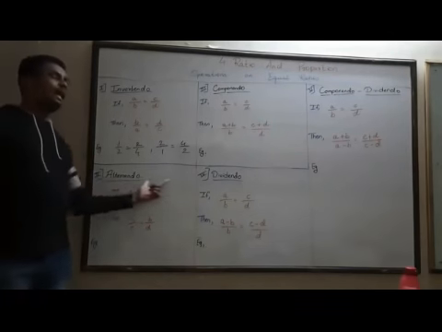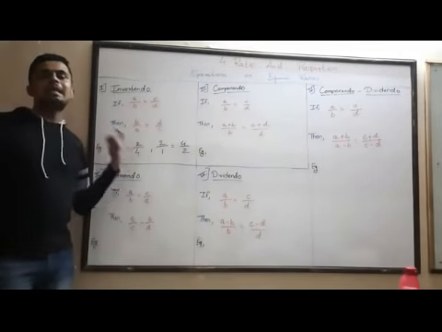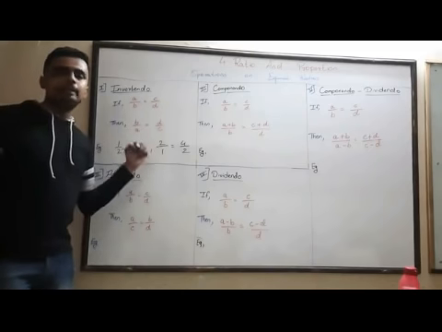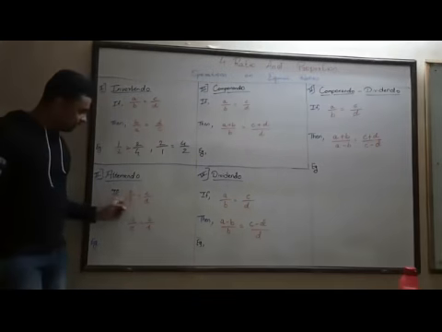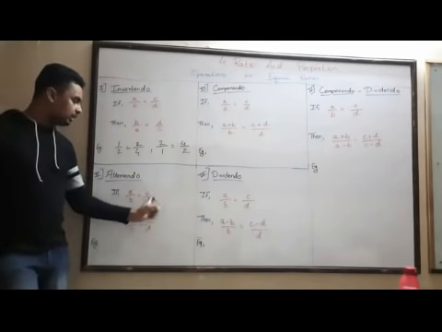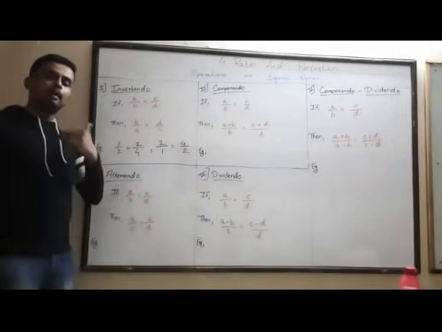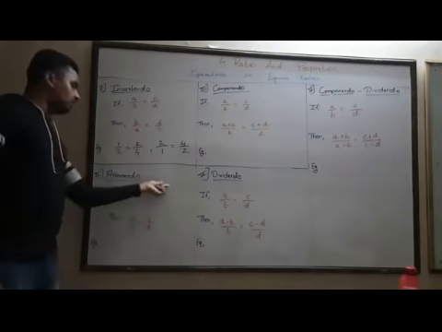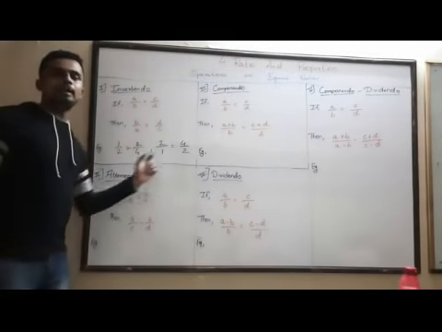The second operation is alternando, which has the word alternate. Alternate ratios. If you can see, I have taken two ratios again, A upon B is equal to C upon D. Then alternating means interchanging the denominator of one and the numerator of the other.